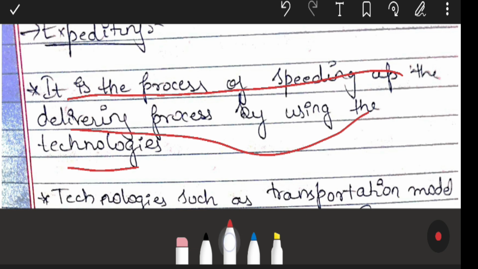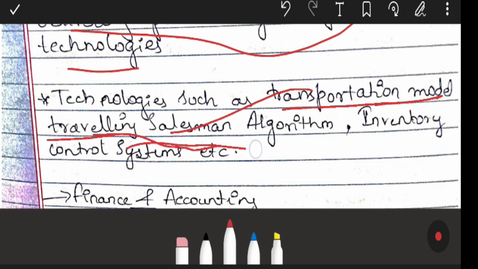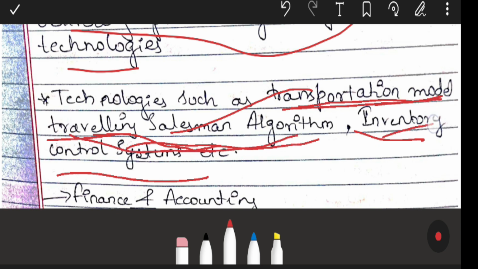Technologies such as transportation model, traveling salesman algorithm, inventory control system, etc. There are many systems, of which these three are most prominent.